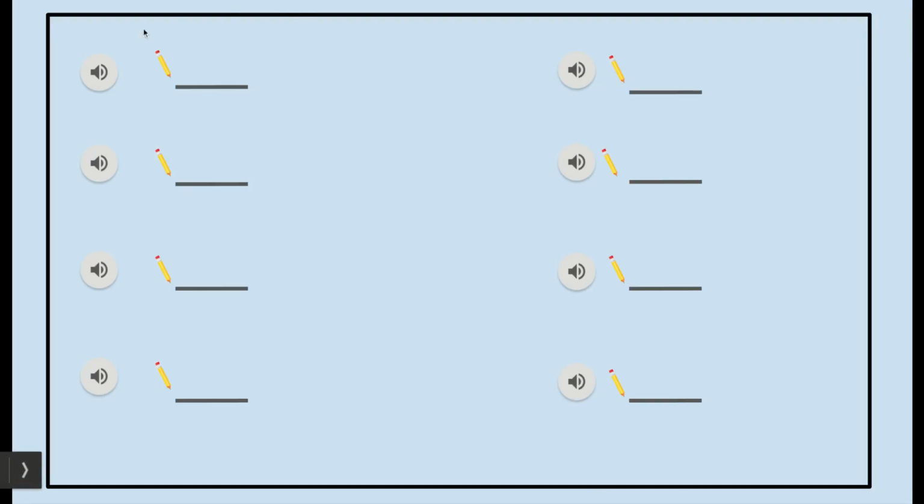All right, I will play these sounds again. Check your answers. Number 1. Number 2. G. Number 3. Number 4. L. Number 5.